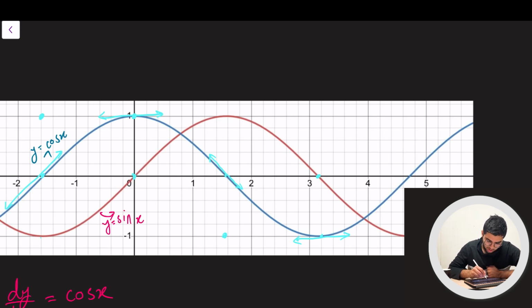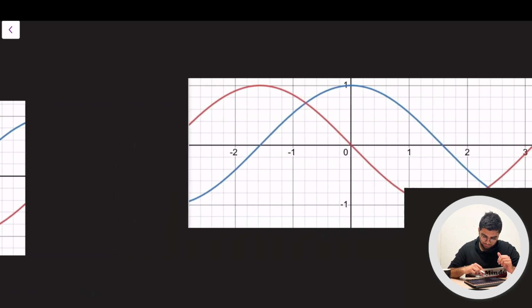When sin x is 1, the derivative is -1. When sin x is -1, the derivative is 1. So it's kind of like flipped along the x-axis. So it might be the case that if we flip sine of x, we get the derivative function we are looking for. That could be a possibility.